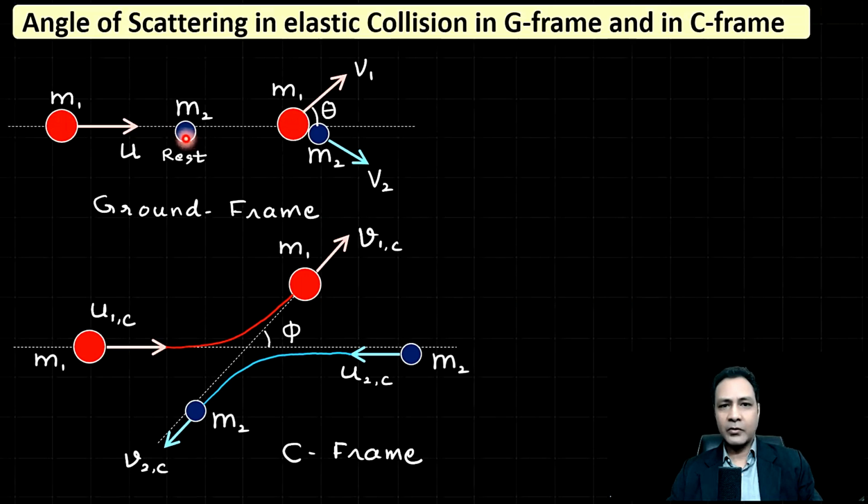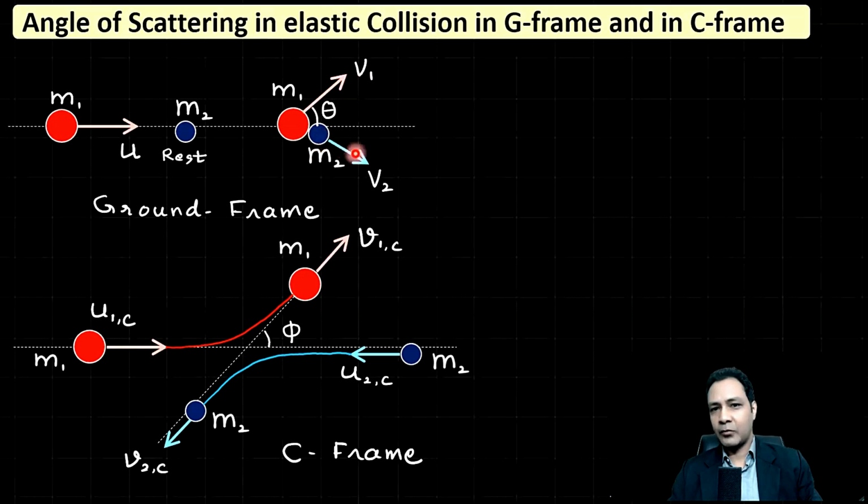As a consequence of collision, M1 gets scattered by angle theta, the angle of its direction of motion with the original direction of motion. After collision, M1 moves with velocity v1, and M2 moves with velocity v2. And this is the LOI of the collision, the line along which the particle initially at rest moves. We will not require it, but I'm just mentioning it.